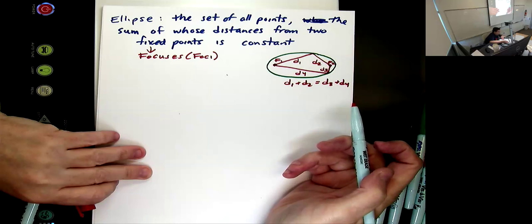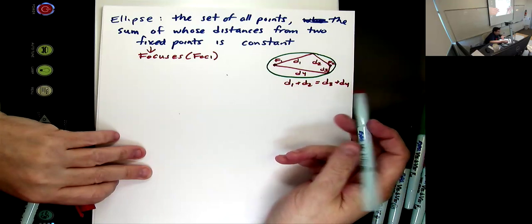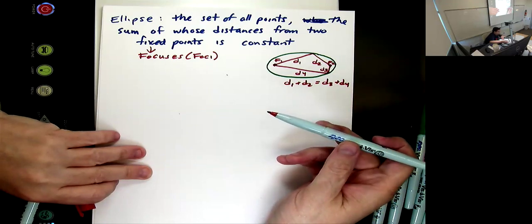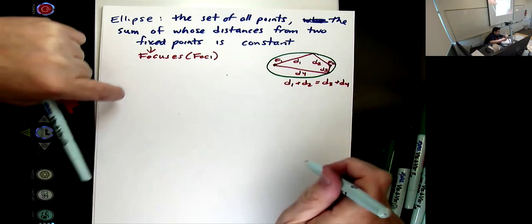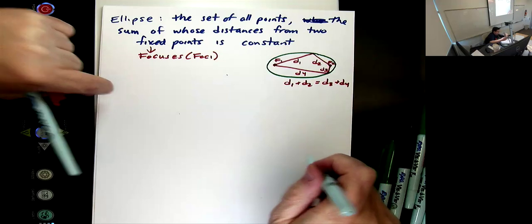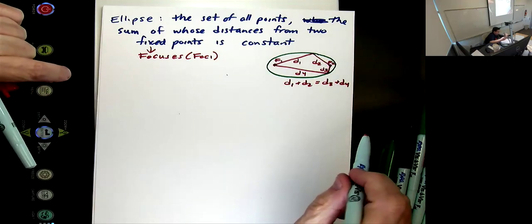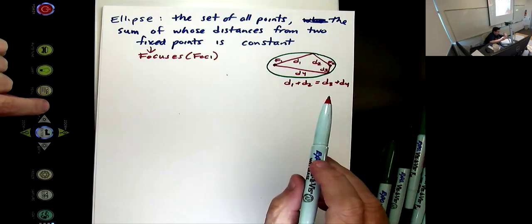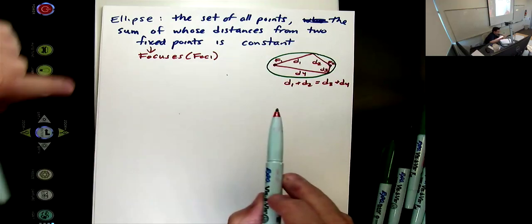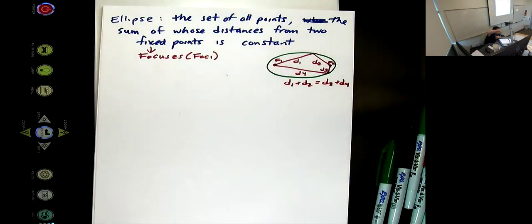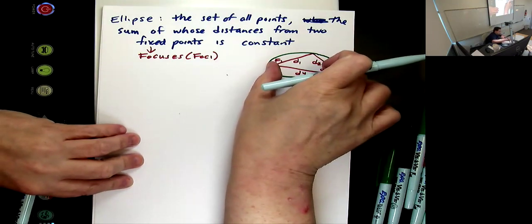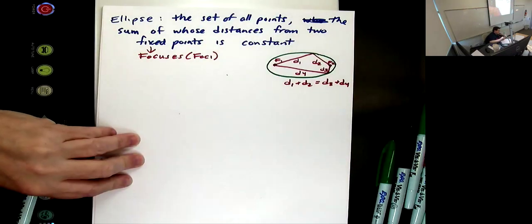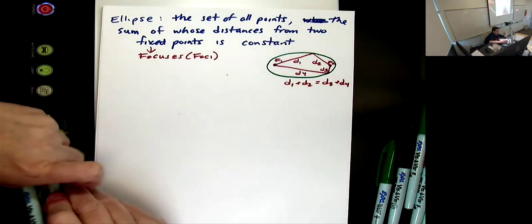In fact, one way of drawing an ellipse by hand is you put two push pins in something and get a length of string, tie it into a loop, and then hold it taut against the pins and go all the way around. The string is always pulled against the two points, and you draw this circle, well, not circle, ellipse.